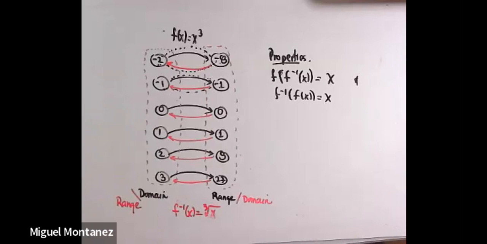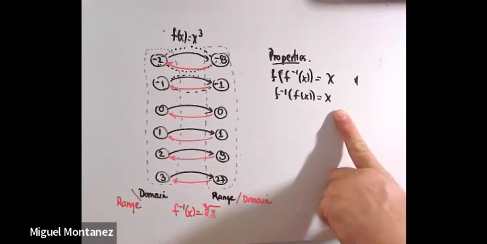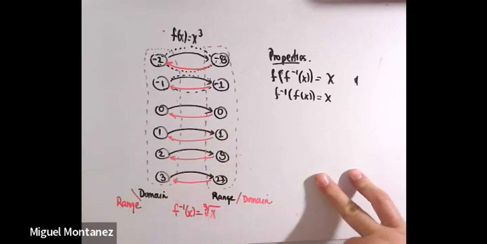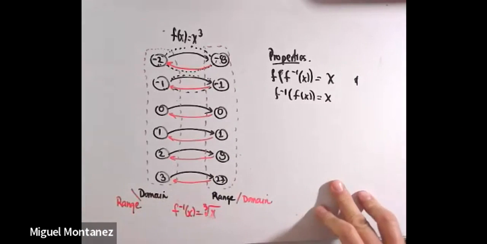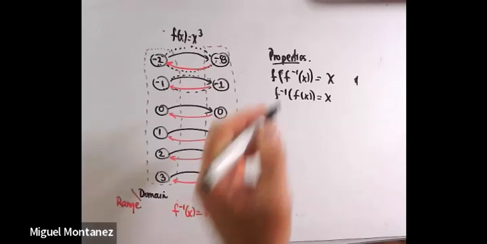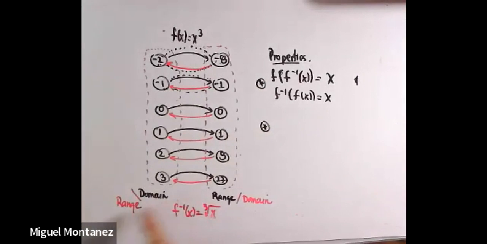If you recall, when we practiced with the composite functions, I gave you two examples in which when we did the pair, both answers were equal to x. That means that we could conclude that those two functions were inverse functions of one another. So this is property number one. And property number two is that the domain of one function is the range of the other, and vice versa.